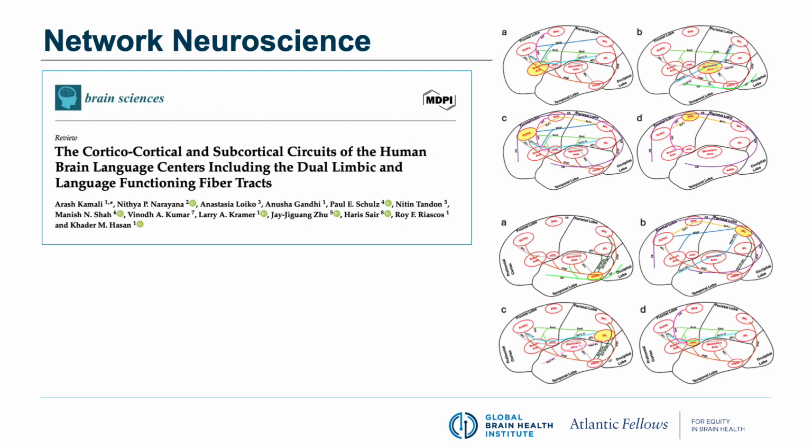So the first one is neuroscience, and I'm not really going to talk very much about this. There are many, many papers looking at this, and this is one that I pulled out, just a nice example, that talks about all the interconnected regions that are part of the language network, and tries to, through the analysis of the fiber tracks and activation data that we have, say what are all the regions that are part of the language-related network, and what are the potential functions of each of those regions.